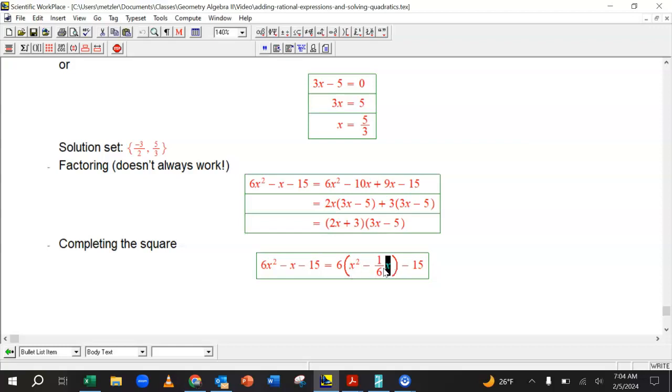But the key is I'm trying to rewrite it without an x to the 1 power anywhere. That's going to be much easier, and I'm going to use a memorized step next, but that only works if I've made this guy into a 1. And that's why I'm factoring this out. Now, the next step involves two sets of parentheses, because these parentheses are just saying, here's the field of play for this guy, and I'm separating it out from the 6 and the minus 15.